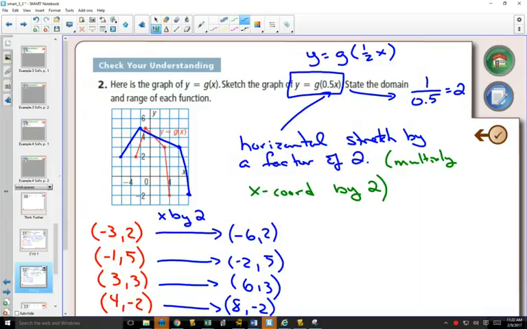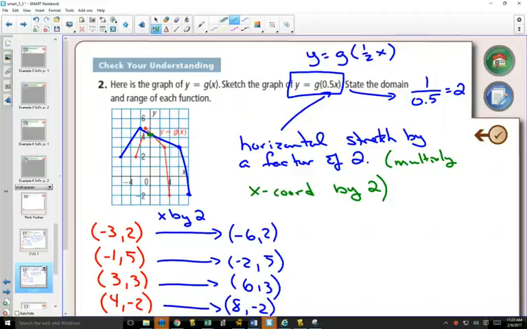And the only point that didn't change was the y-intercept. Which makes sense because when you have a y-intercept, your x-coordinate is 0. And if you multiplied x by 2, 2 times 0 would stay the same. So there we have our new graph.